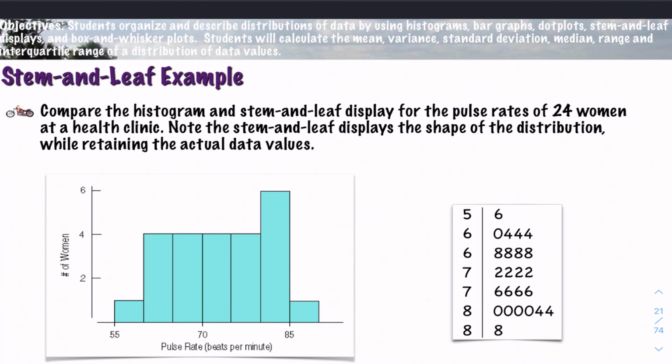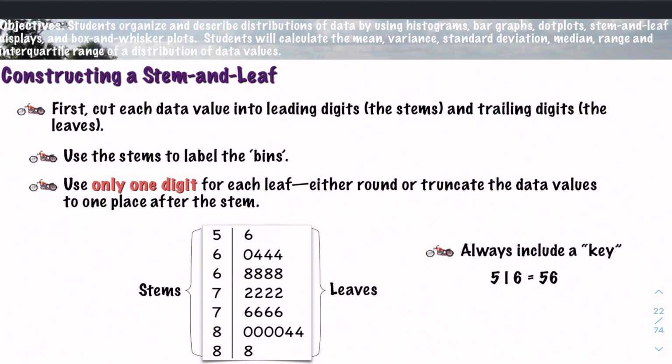So if I compare the histogram and stem and leaf plot for pulse rates of 24 women at a health clinic, note the stem and leaf plot displays the shape of the distribution while retaining the actual data values. So if you're looking to identify what the mode is, then a stem and leaf plot is a lot more handy.